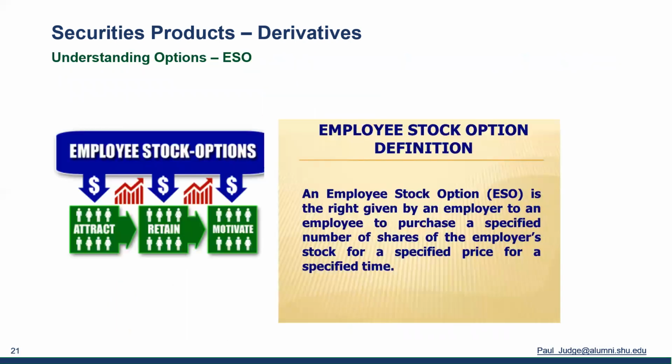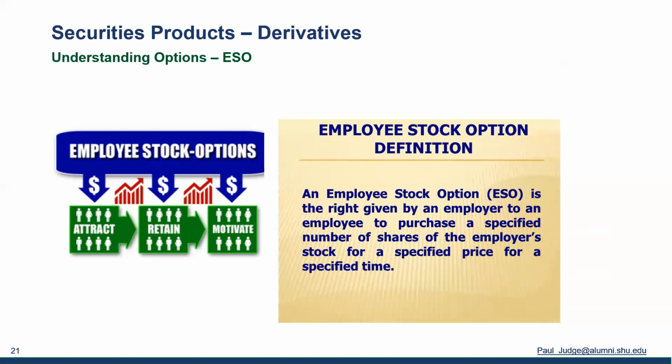Now, the last point I want to make here has nothing to do with option derivatives, but people will talk about employee stock options. Someone will say they have stock options. Employee stock options are not option derivatives. They are not derivative products. They're completely different. They're part of the equity product family.